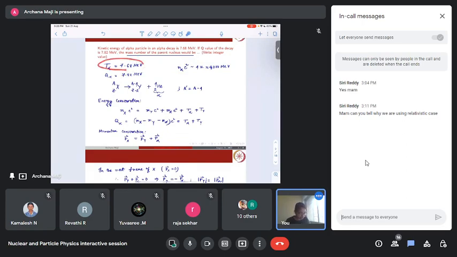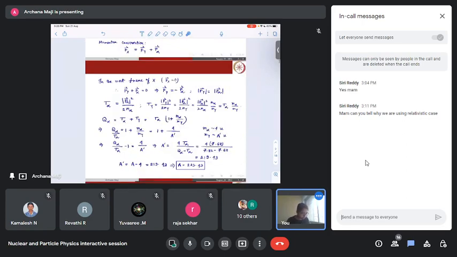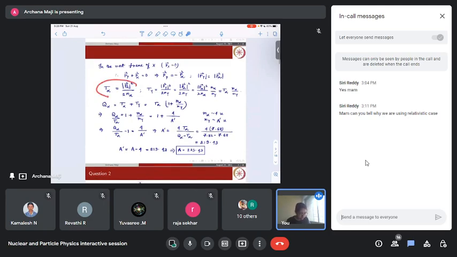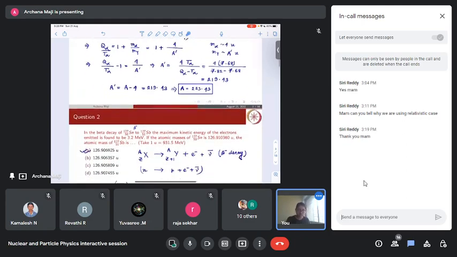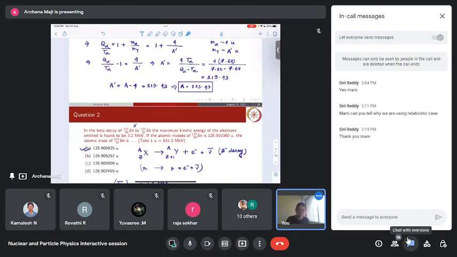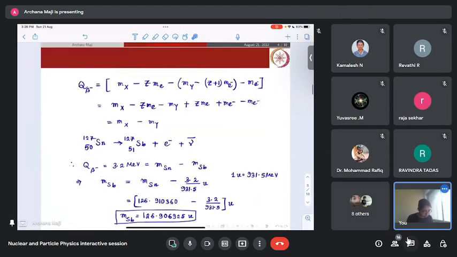So we don't need to use the relativistic formula, but we can use the non-relativistic one, that is p squared over twice m alpha.